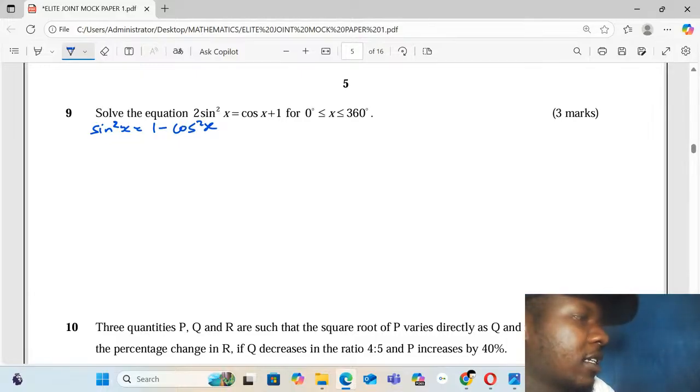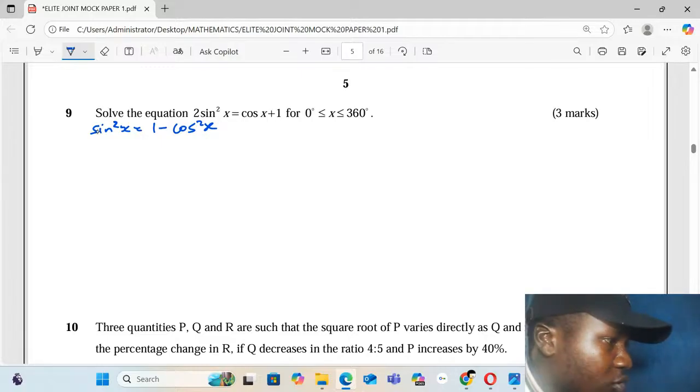We know that sin squared x is equal to 1 minus cos squared x. So we now replace, where we have sin squared x, we replace it with 1 minus cos squared x, so that we have 2 into 1 minus cos squared x, minus now the cos x minus 1 to be equal to 0.